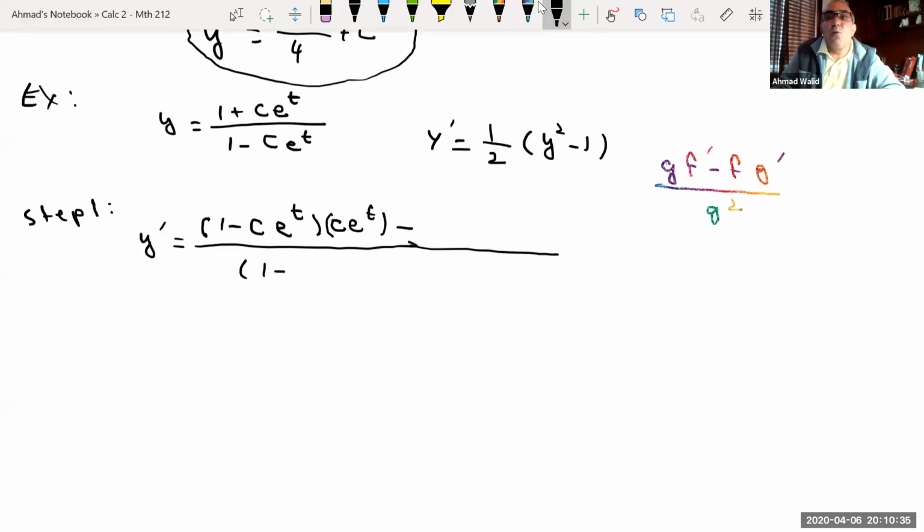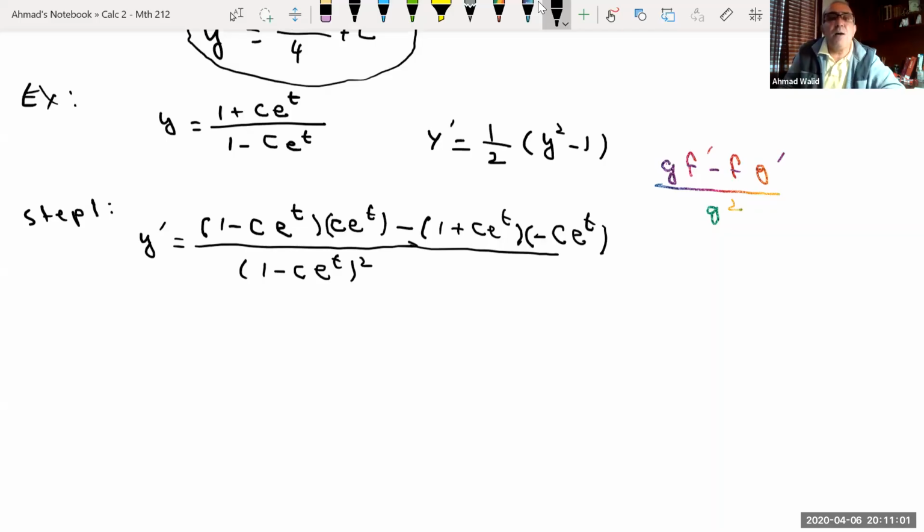Now f, what is your f? 1 plus c e to the t, times the derivative of the bottom, which gives you negative c e to the t, all over 1 minus c e to the t, all squared.